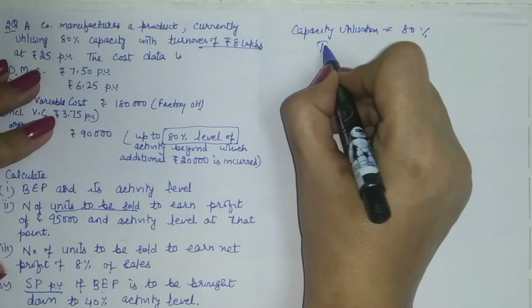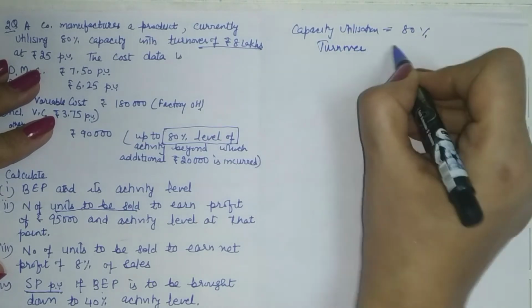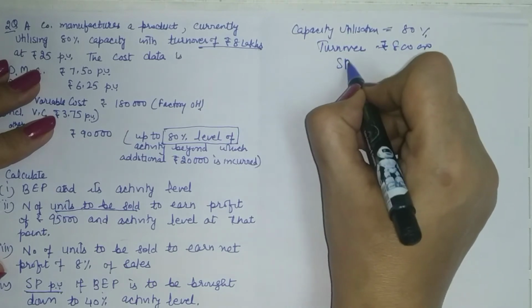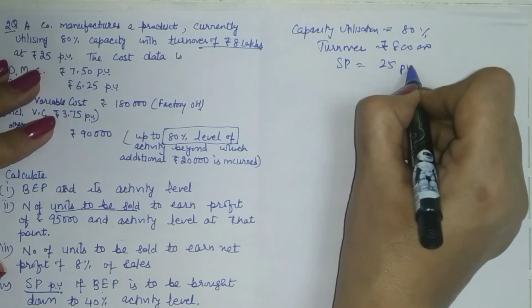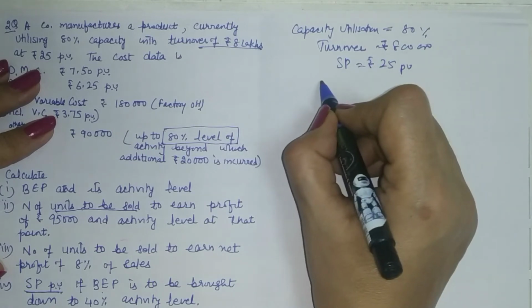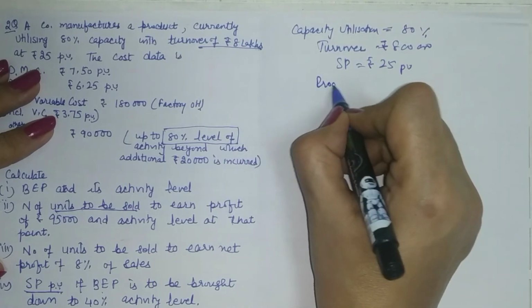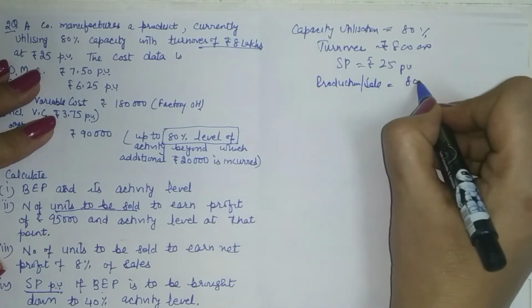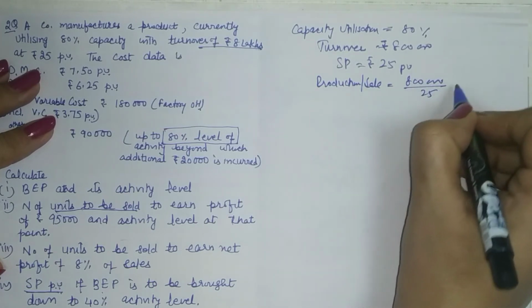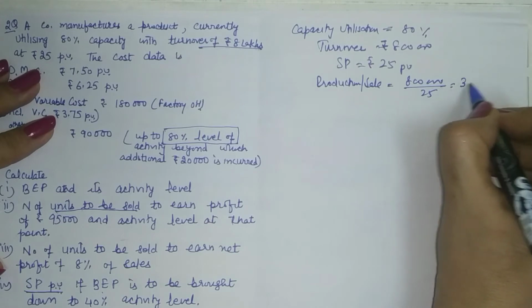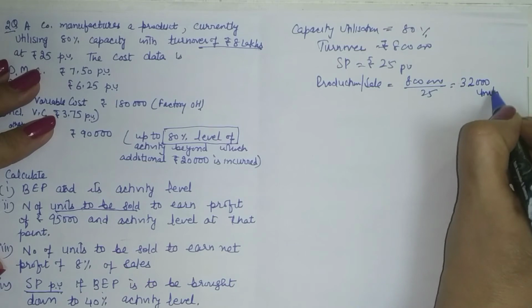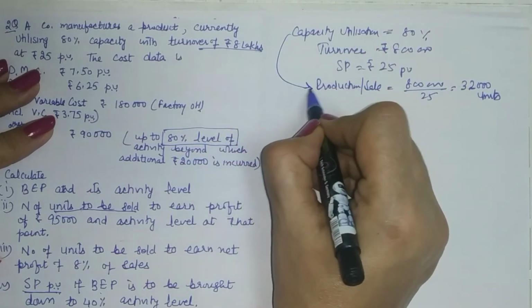And your selling price is 25 rupees per unit, which implies that the production or sale or activity level will be 8 lakh upon 25, that is 32,000 units. Now this is at 80% capacity utilization.